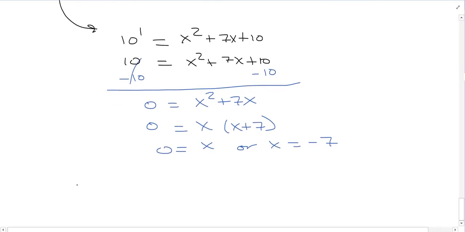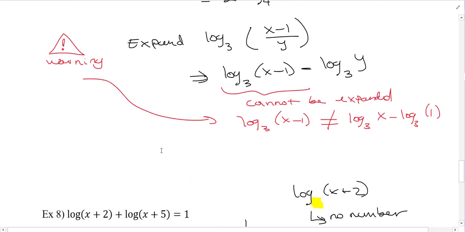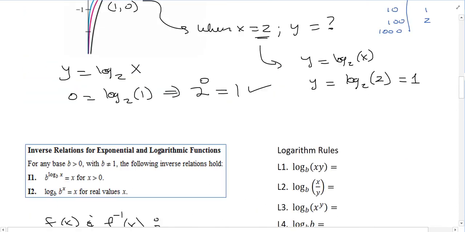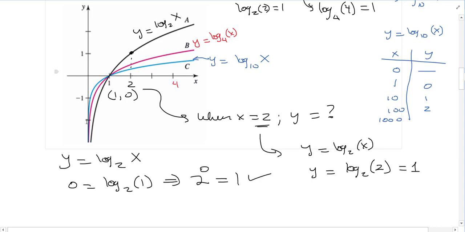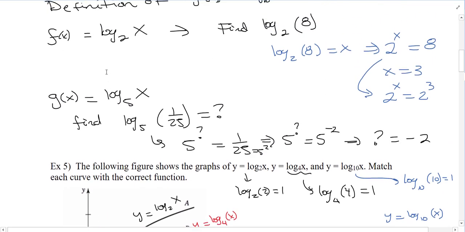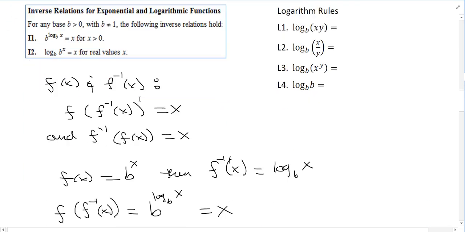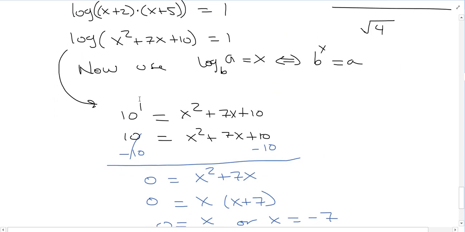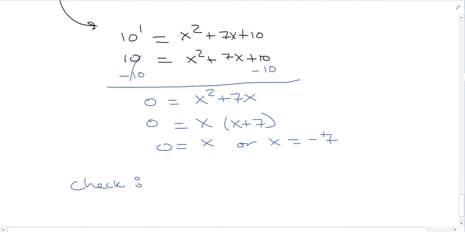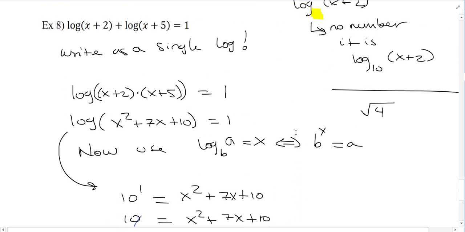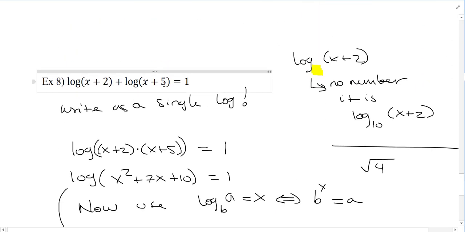And with logarithms, it's really important that we check our solution because, as we saw with the graphs, the domain of the logarithm is from 0 to infinity. So you cannot take the logarithm of a negative number. And so here we worry as we take these values, now it doesn't mean that x can't be negative, it just means that the inside of my original logarithmic expression can't be negative.